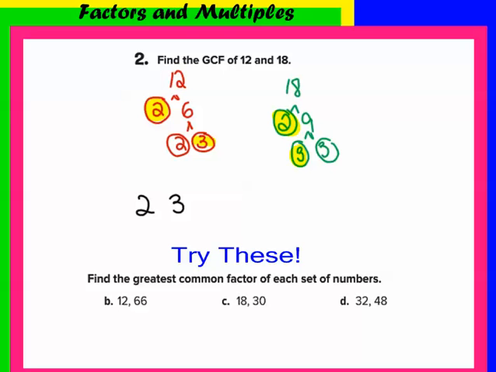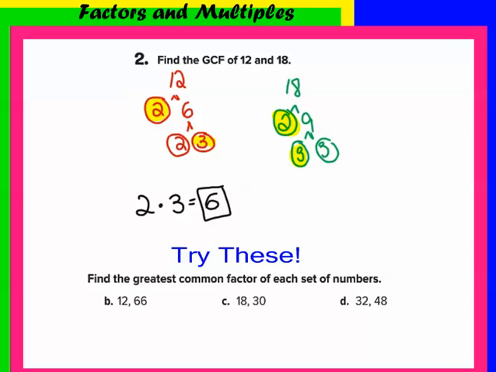Now I know there's a 2 left on 12's factor tree and a 3 on 18's, but since they don't pair up for greatest common factor, we don't need those. So now we're going to take the prime factors that showed up on both trees, multiply them together, and we get 6. So this tells you that the greatest common factor for 12 and 18 is 6.